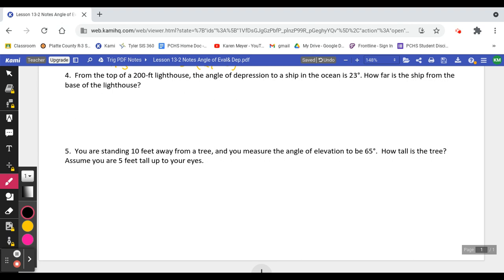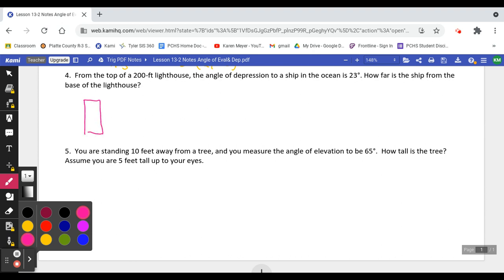So number 4. Oh, we have a lighthouse. Okay, so here's going to be my lighthouse over here. And it says the lighthouse is 200 feet. Okay, and this time we're going to talk about angle of depression. So remember, for angle of depression, we have to make the horizontal line outside of the right triangle.